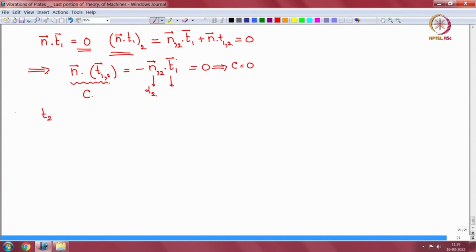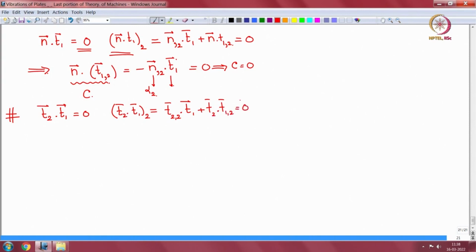Next we have T2. T2 dotted with T1 is already 0, and therefore the derivative of T2 dotted with T1 with respect to alpha 2 is equal to T2 comma 2 dotted with T1 plus T2 dotted with T1 comma 2.